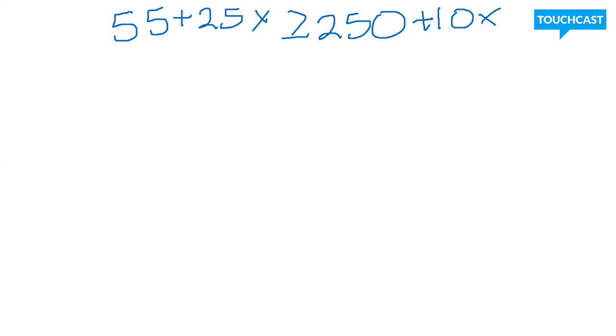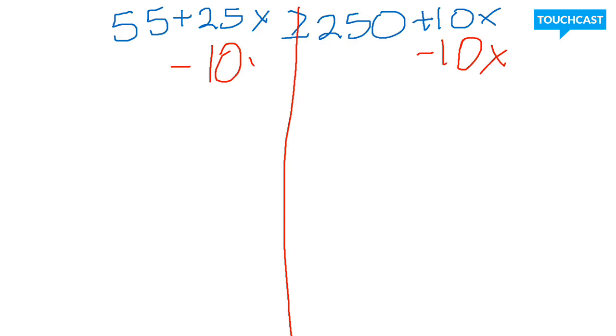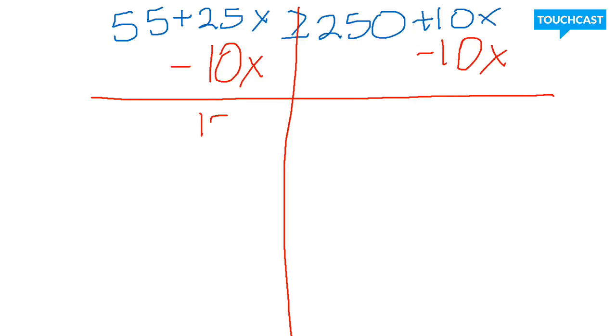I want my variables on one side and numbers on the other. So you could still draw the little line we've been drawing in class and just keep your inequality consistent as we go. I want to subtract 10x because I like for the big number to be on top when we're subtracting. It just makes it easier when you're dealing with positive numbers instead of negatives. So 25x minus 10x. That leaves us with 15x.